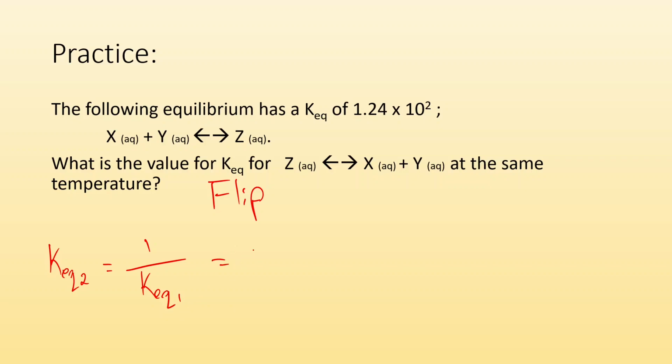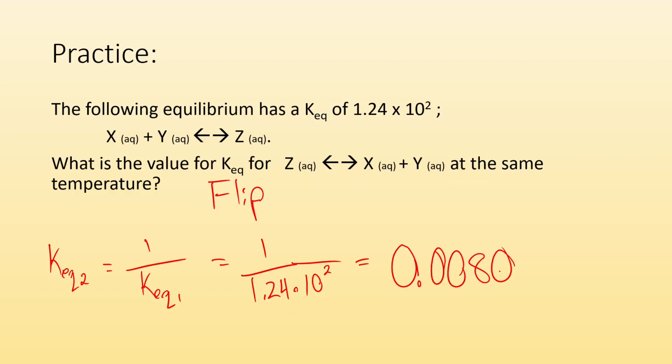So it's really equal to 1 divided by 1.24 times 10 to the positive 2, which when I plug and chug, 0.00806. So that would be the answer to that kind of question.